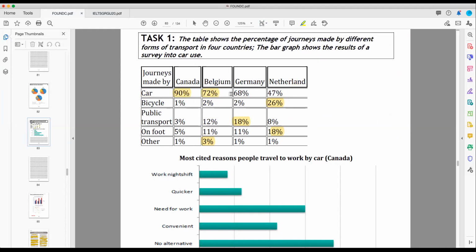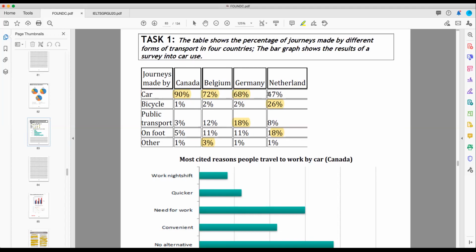And then the next one is 26. It looks like everything here is in order. So we're just going to have to describe it in order. But we should compare between the nations, not just list. We need to find some way to compare them. So 90, 72, 68, 47. Okay, let me see here.